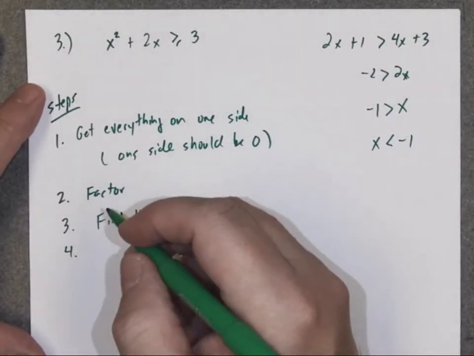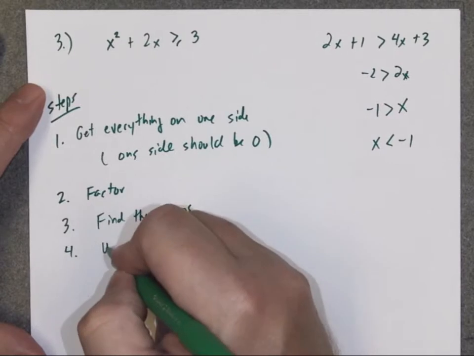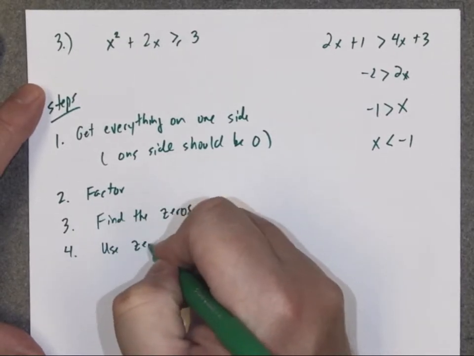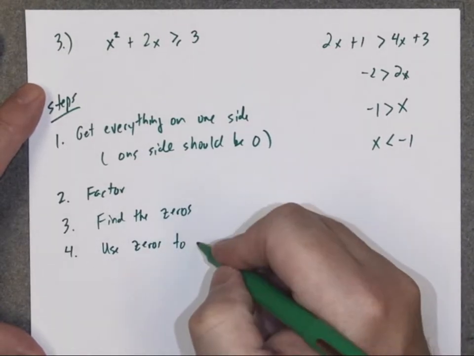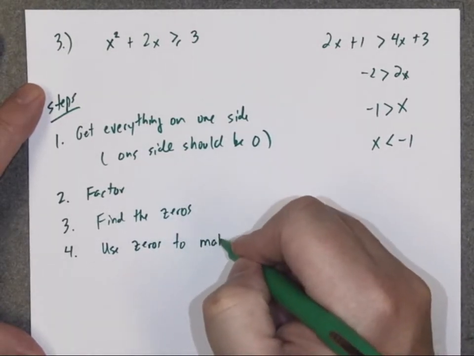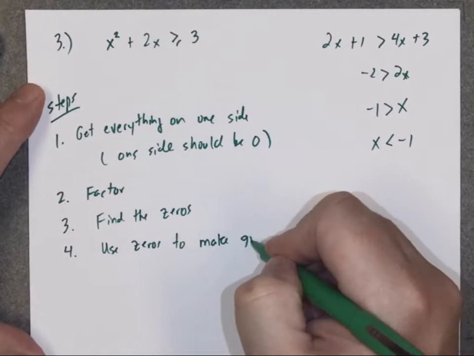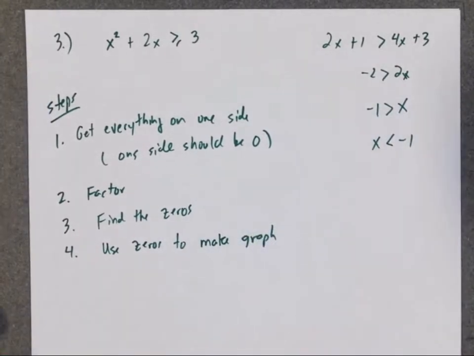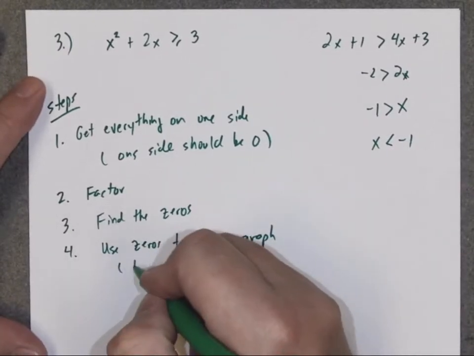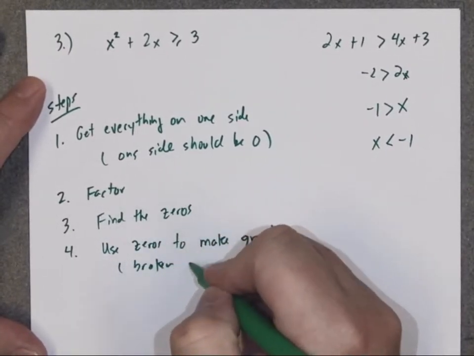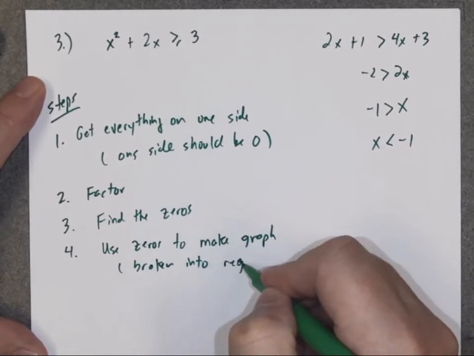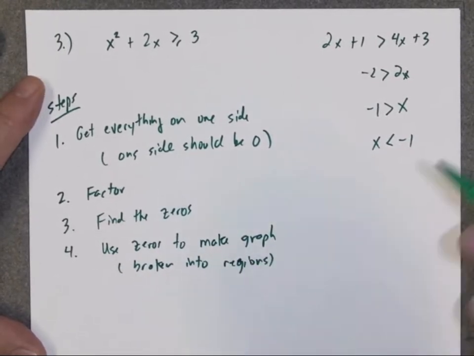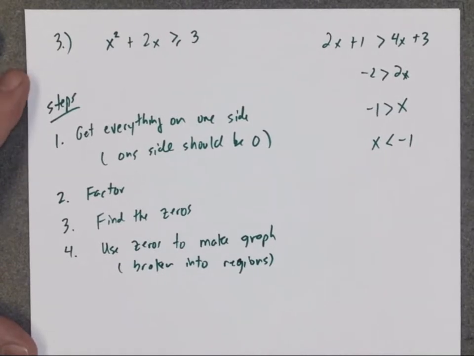And then we're going to use those zeros to mark up a graph, and you'll see when we do that, we're going to break up this graph into what we call regions. This will all make sense as we do it.